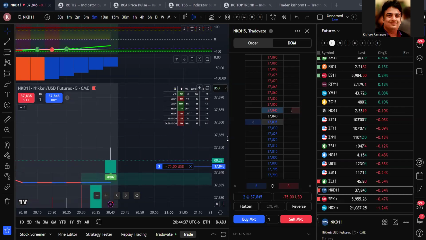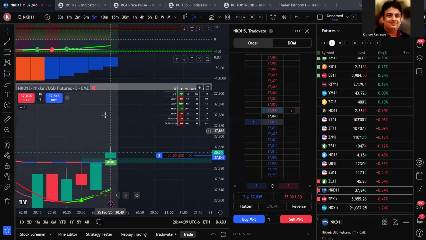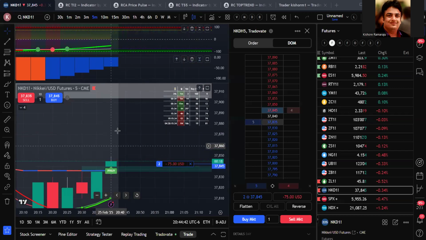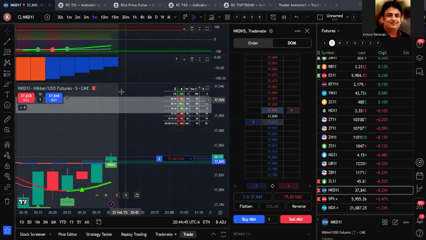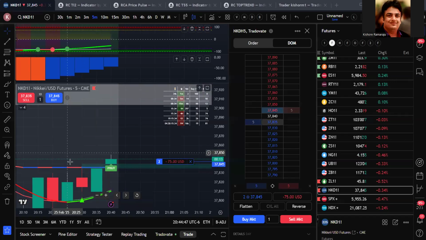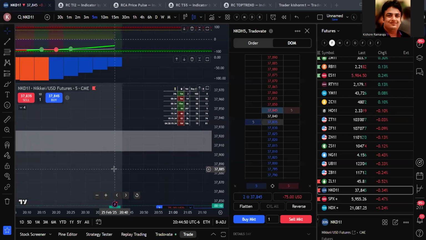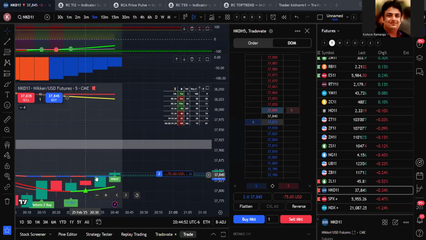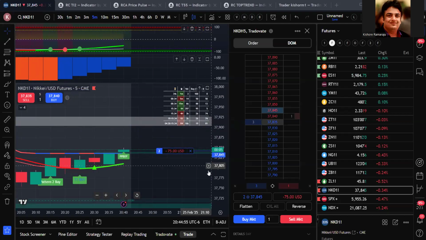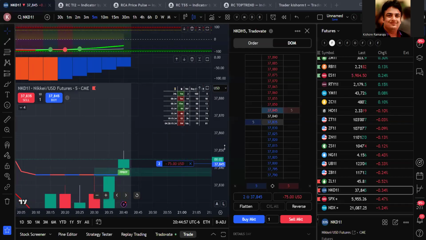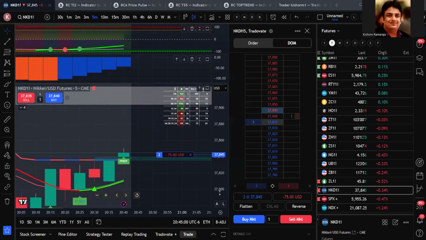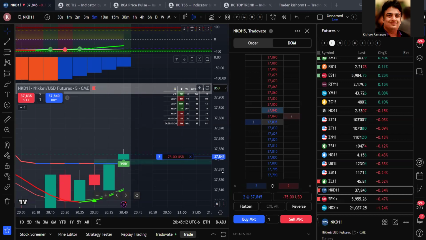You got a buy in 5 minutes also, and there is nothing in between. So if it starts going, it can go all the way. NKD is like NQ of NQ for Japan.